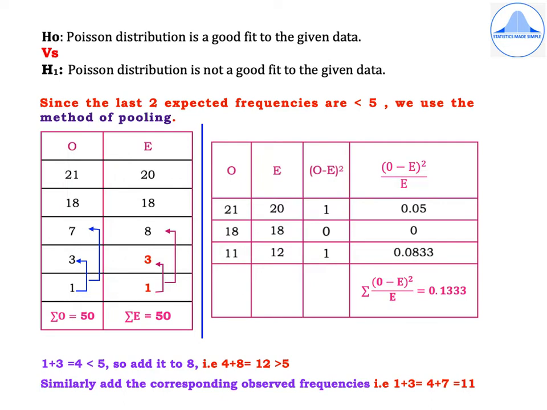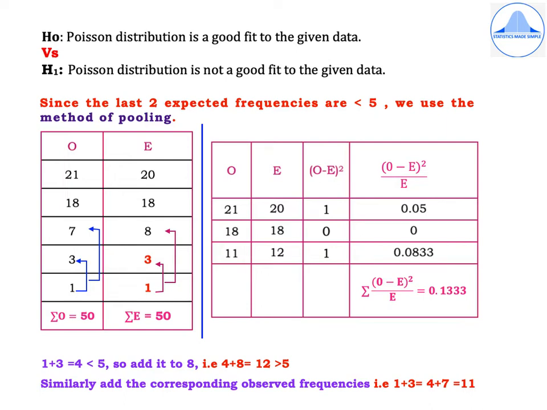The observed frequencies are the frequencies given to us in the problem, which are denoted by O, and they are 21, 18, 7, 3 and 1. So summation O is equal to 50. Then E values are nothing but the Tx values which we computed, that is 20, 18, 8, 3 and 1. So summation E is equal to 50.